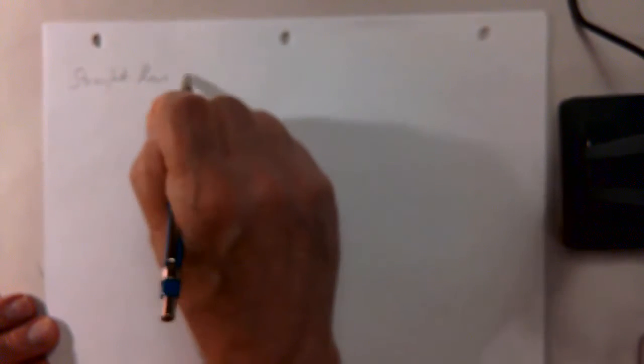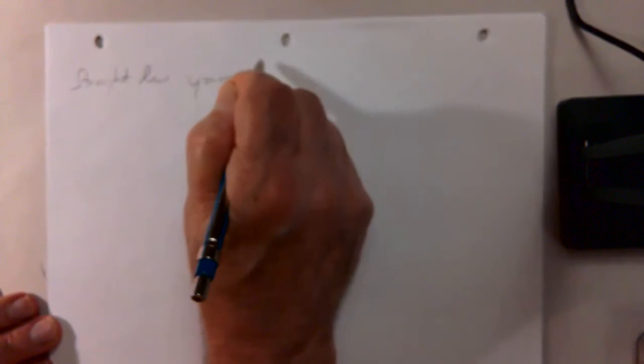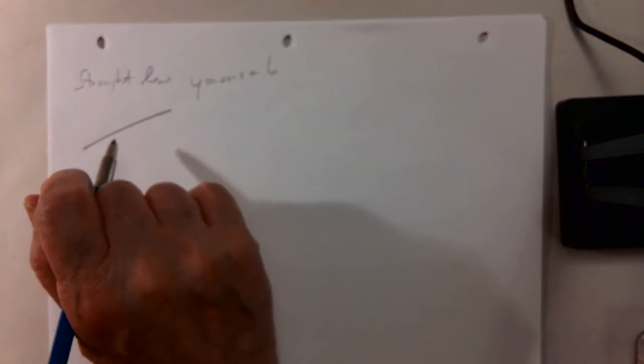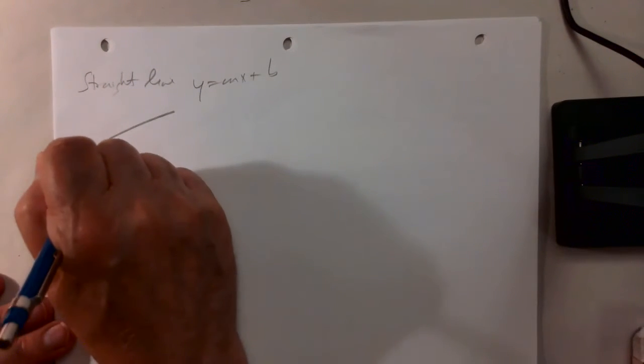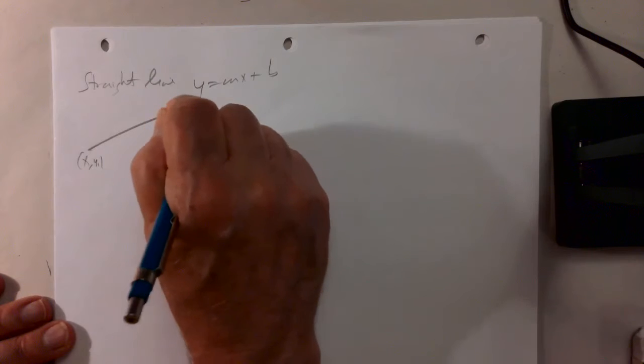But let's just check in the simplest case that this formula gives us what we would expect. So suppose we take a straight line, y equals mx plus b. And I want to find the length of the line from x1, y1 to x2, y2.